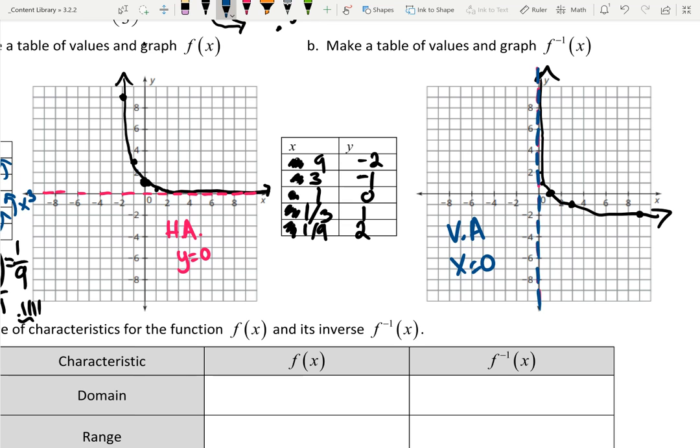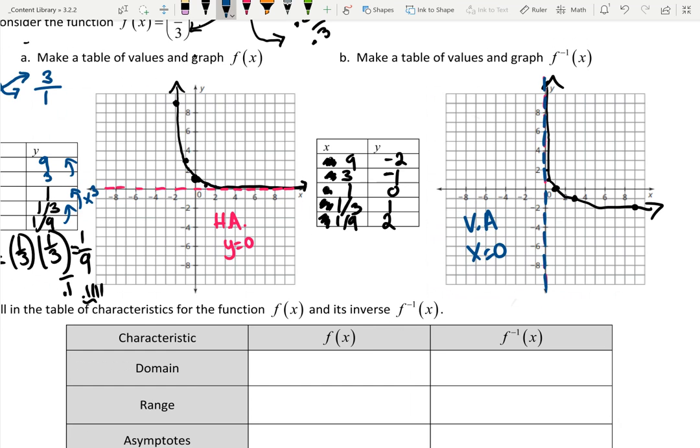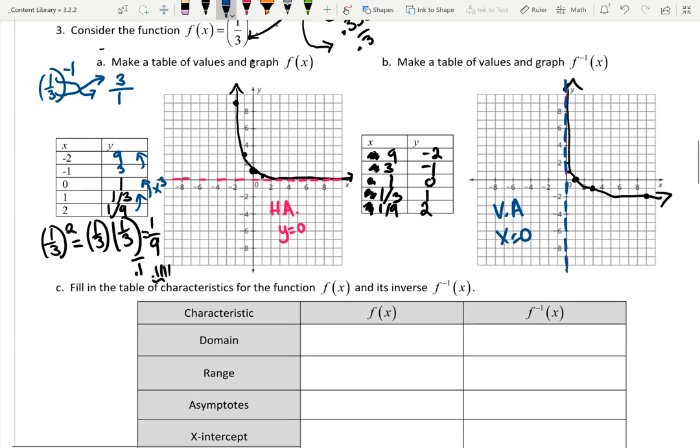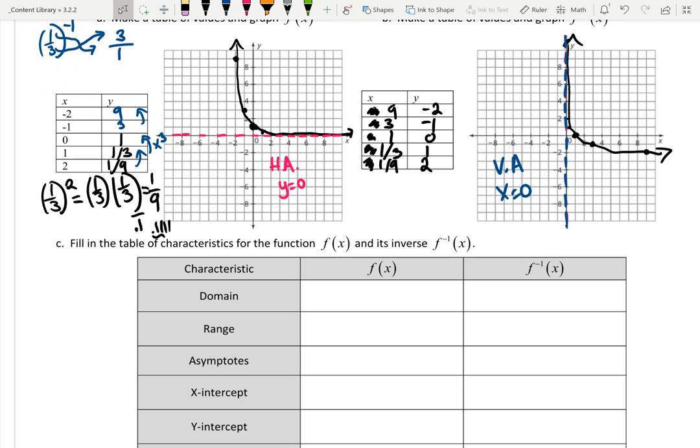Now, I'm going to talk about some of the key characteristics of this decay equation. My domain, I'm going to look left to right. It is going to be -infinity to +infinity. My range, well, you see the asymptote prevents it from going negative, so it's going to be 0 to infinity.